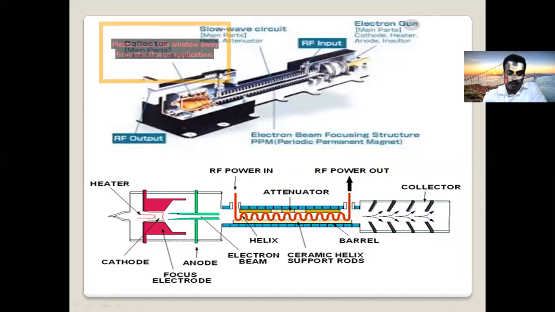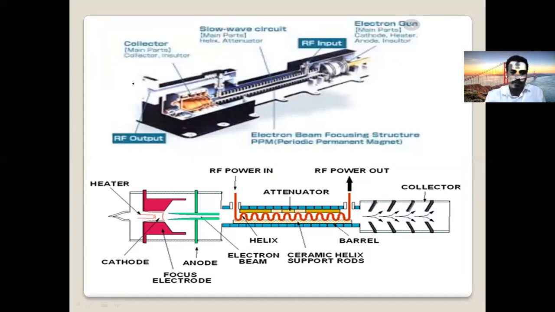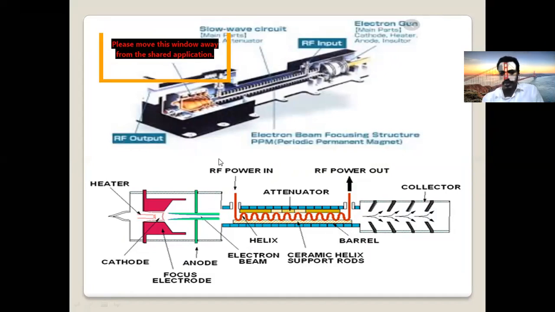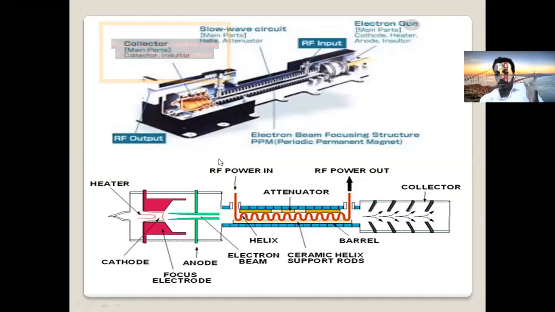Look here, the TWT is small in size, a very small device, and it has high gain, compared with the klystron amplifier and the crossfield amplifier, different types of high power amplifiers.